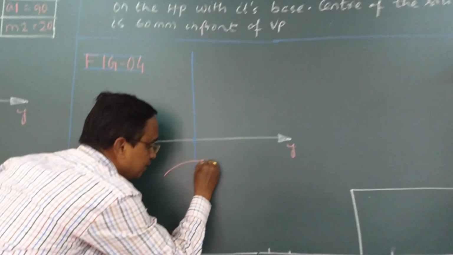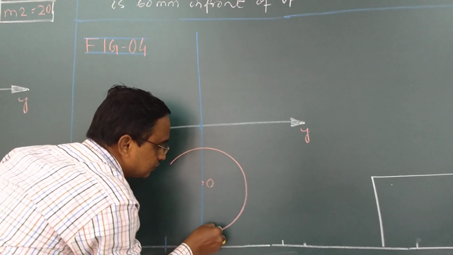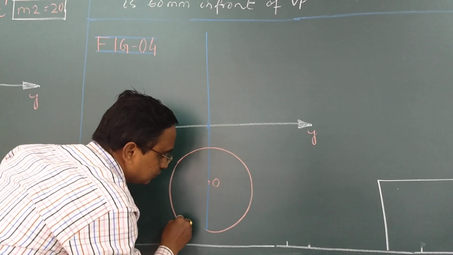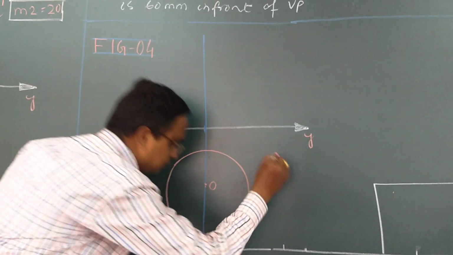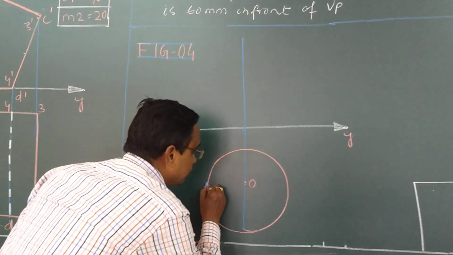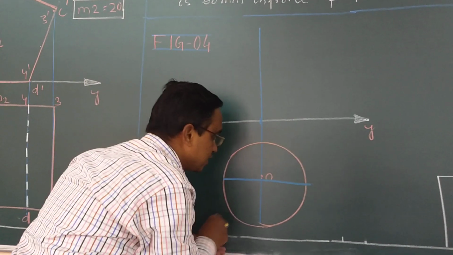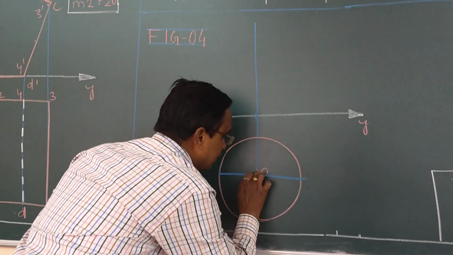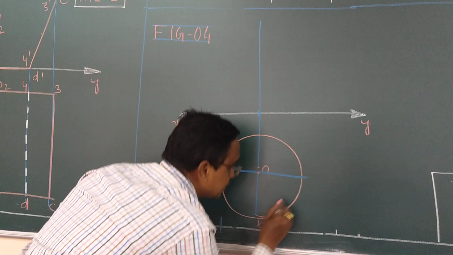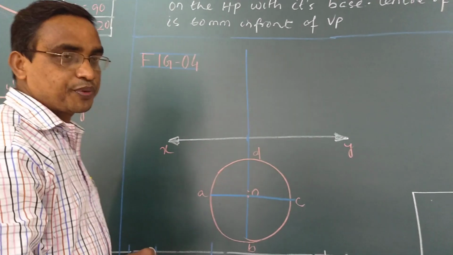You draw the circle and divide the circle into 4 equal parts. This is the center point, say this is A, B, C and D. This is all about the top view.